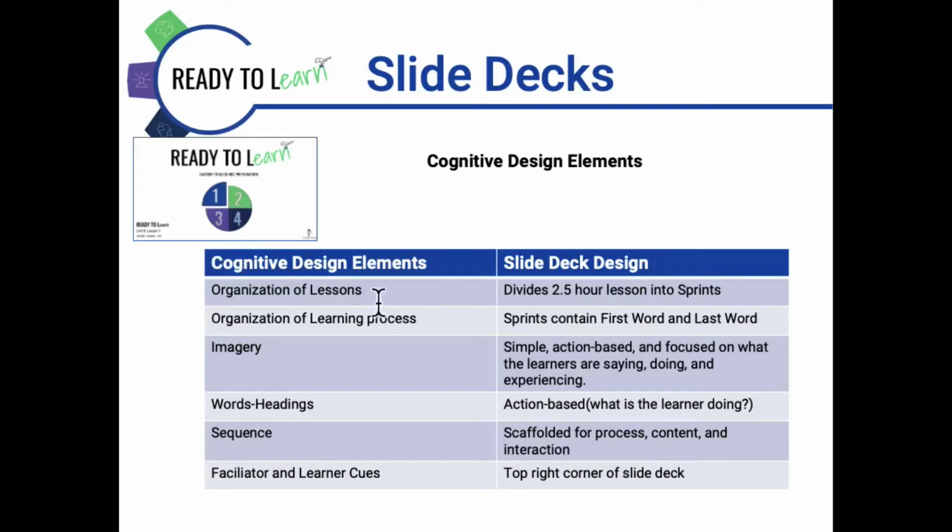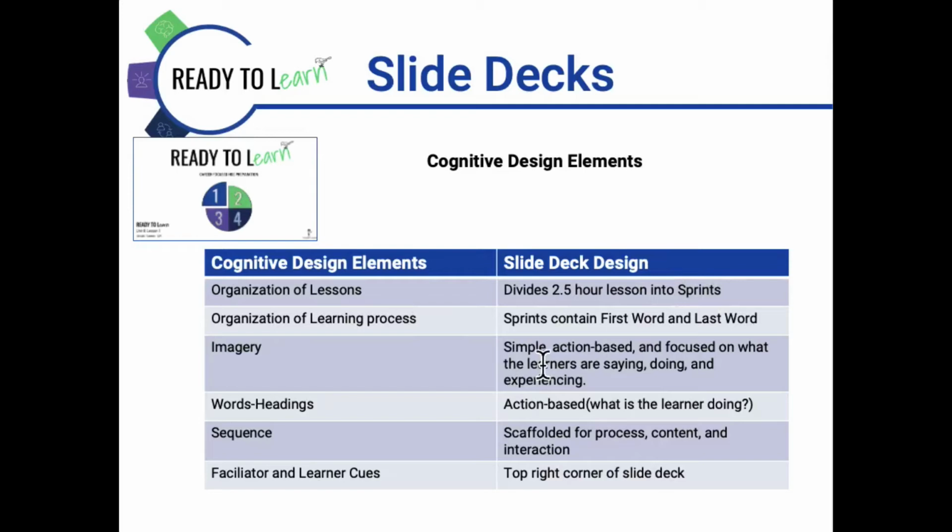Here are some of the cognitive design elements that you'll see in the Ready to Learn slide decks. First of all, it organizes lessons, a 2.5 hour lesson, into sprints. Every sprint contains what we call a first word and a last word, which I'll show you in a moment. It's going to focus on imagery and simple action-based statements about what the learner is seeing, saying, and doing.